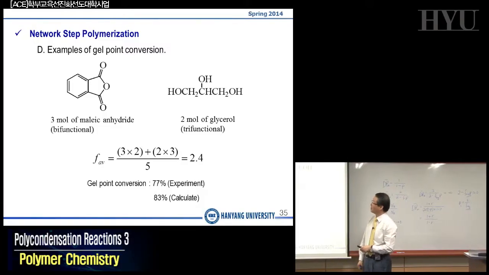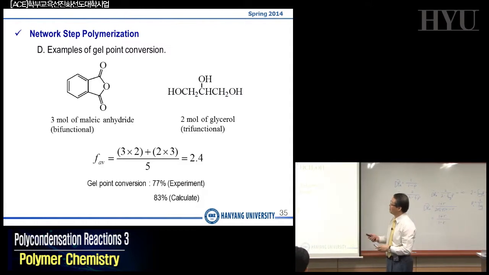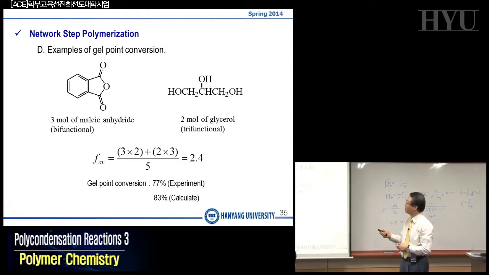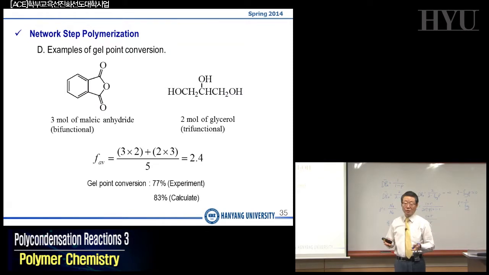So, for example, if you have glycerol, let's assume that we have 2 moles of glycerol. So you have 6 functional groups here, right? 6 hydroxyl groups.